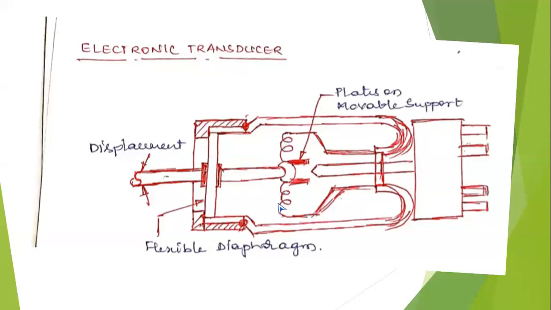At the center of the tungsten filament, you have 2 plates which deflect due to the movement of this plunger. The displacement coming from this plunger is very, very minute, but it is amplified a million times or 1,000 times, and that deflection is directly transferred to the tungsten filament.